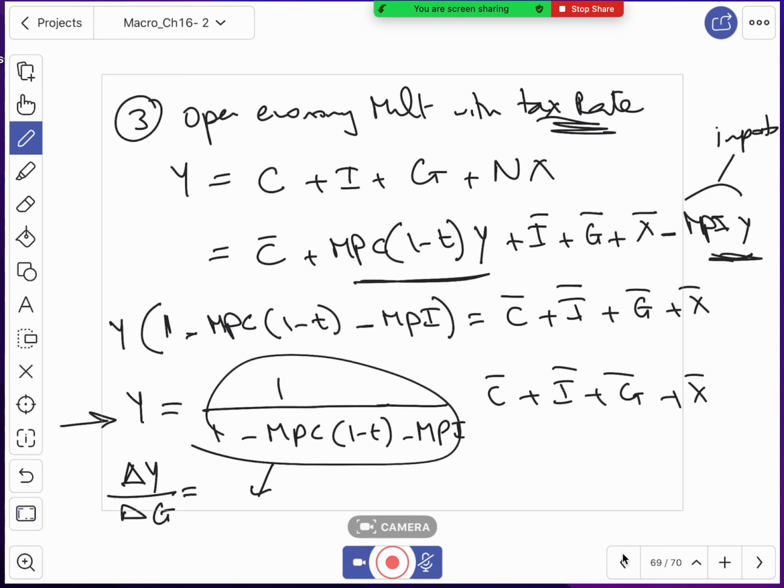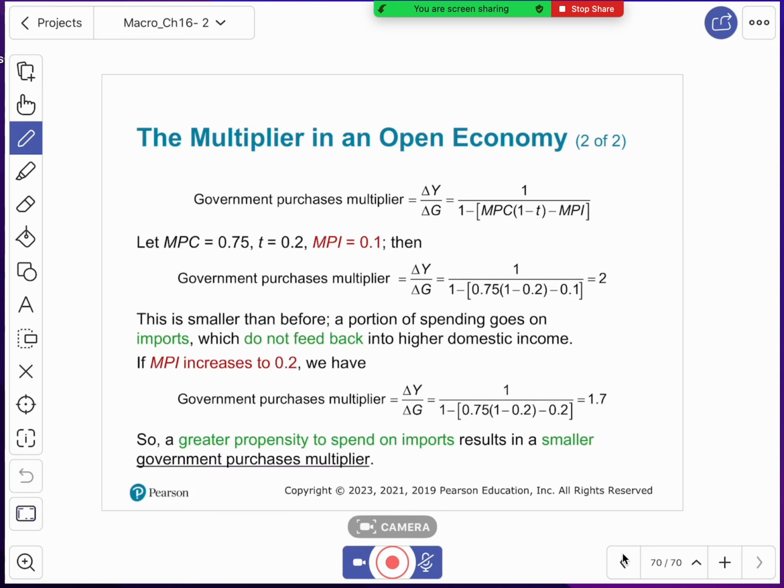Okay, so looking at some numbers, this is the government purchases multiplier in an open economy. Assuming that the marginal propensity to import is 0.1, the tax rate is 0.2 and MPC is 0.75, you just plug in all the numbers, making sure that you work it in order so that you get the correct number.